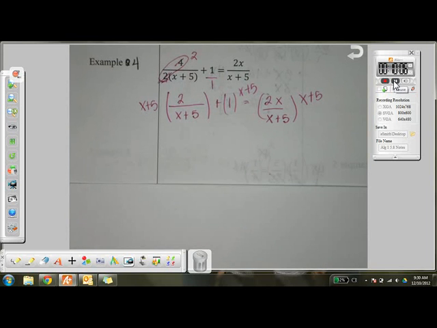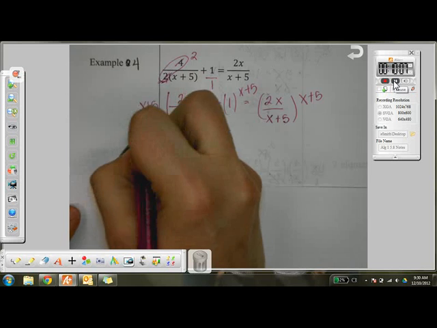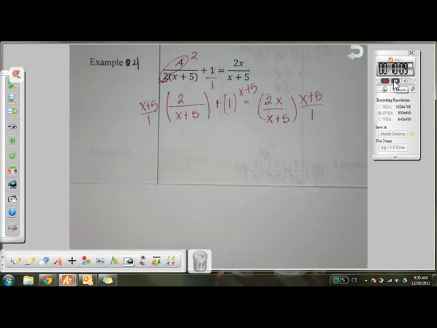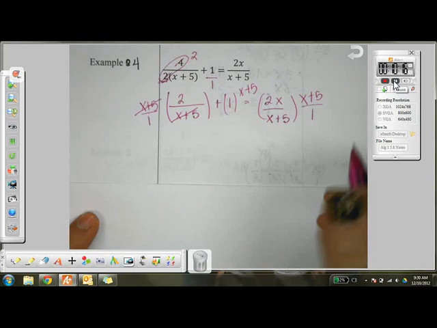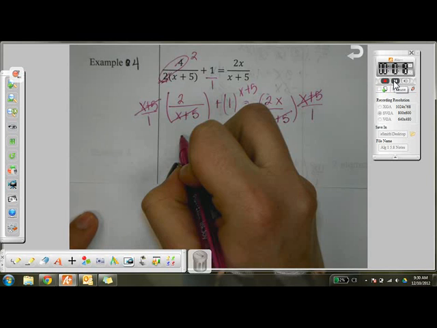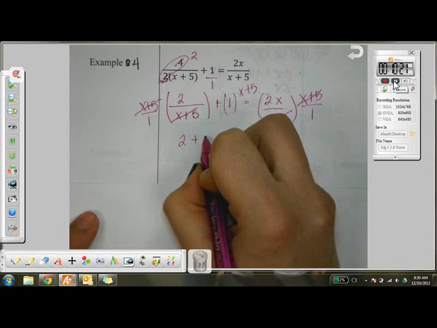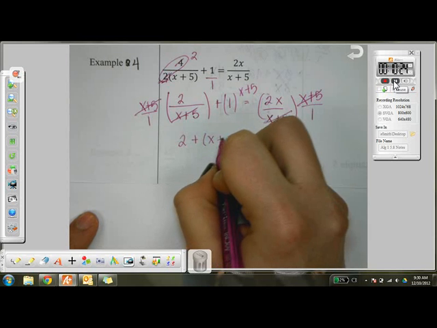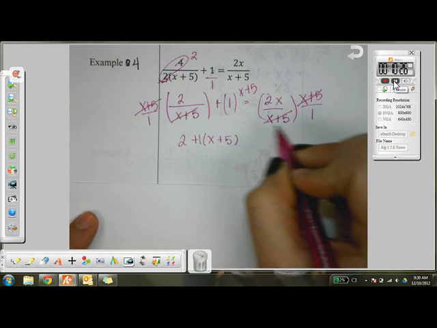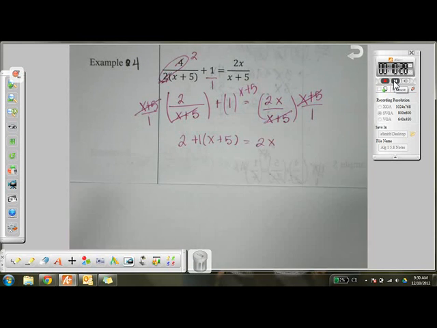This is the same as x plus 5 over 1, right? Does anything reduce? X plus 5 is reduced on both sides. So I'm left with 2 plus 1 times x plus 5 equals 2x. Easy, right?